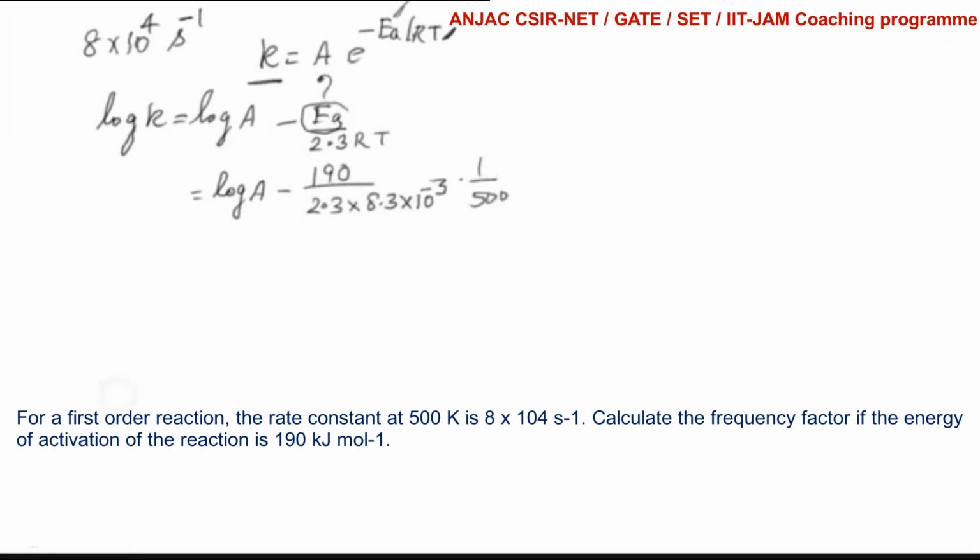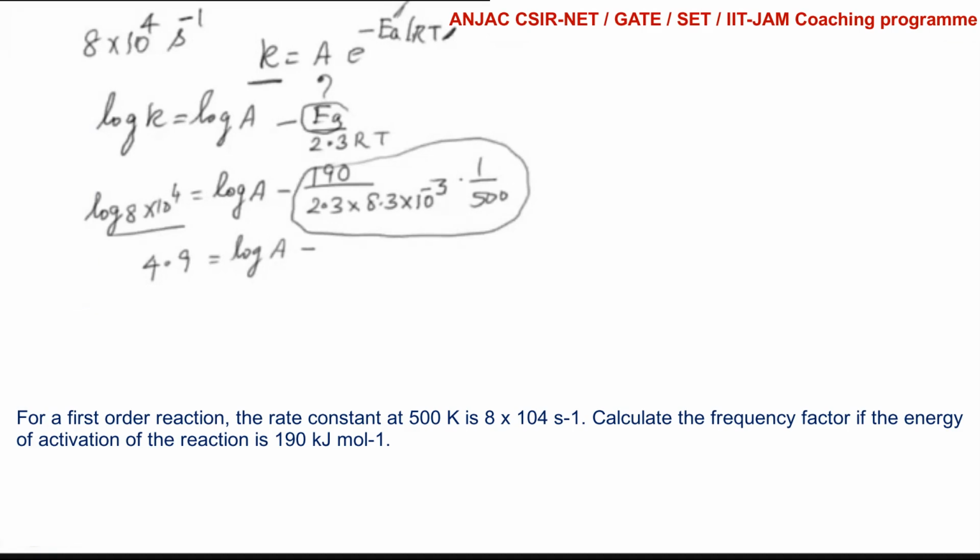Log K is equal to log of 8 into 10 power 4. What is log of 8 into 10 power 4? You know this is 4.9, is equal to log A. Apply your calculator simplification method we have already taught you, and that is found to be nearly 20. Therefore, what is log A?